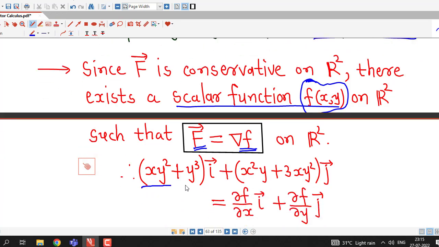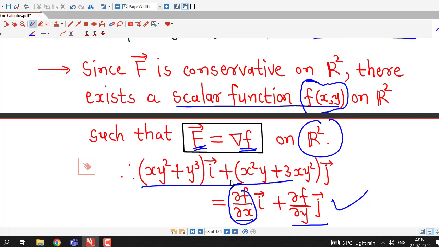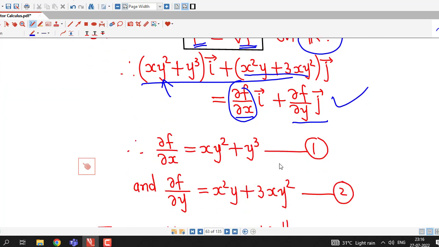By definition, the gradient of f is ∂f/∂x i plus ∂f/∂y j. Because we are working in R², we write two components. These two vectors are equal if corresponding components are equal. Therefore ∂f/∂x equals xy² + y³, and ∂f/∂y equals x²y + 3xy².